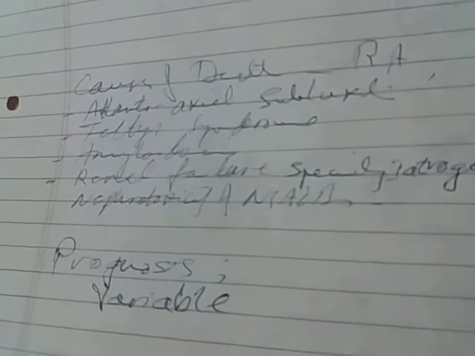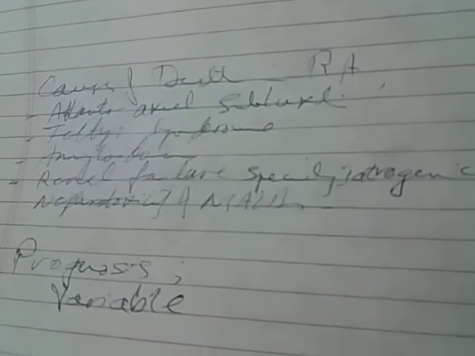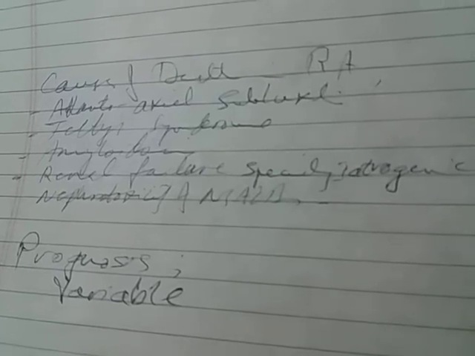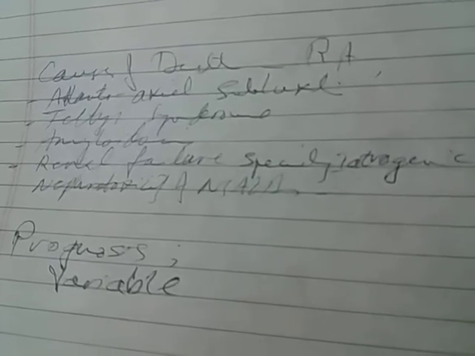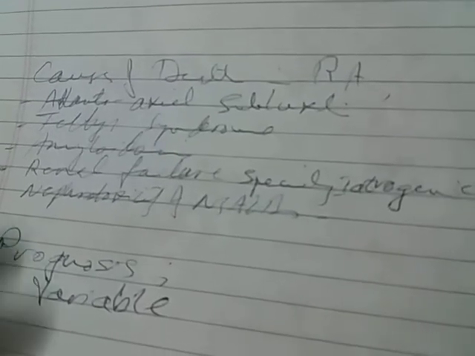Causes of death in rheumatoid arthritis: atlantoaxial subluxation, Felty's syndrome, amyloidosis, renal failure, especially iatrogenic due to nephrotoxicity of non-steroidals. Prognosis is variable.